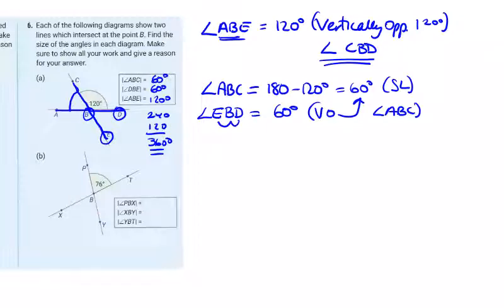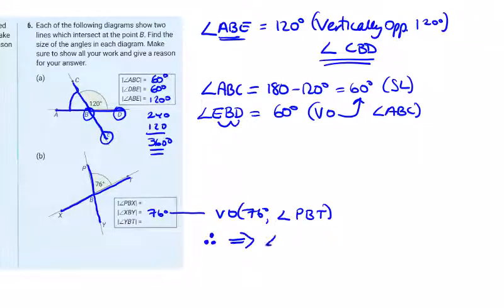In this one here, we can say XBY, the middle one here, is 76 degrees. Why? It's vertically opposite 76 degrees, the angle PBT. So therefore, this implies the angle PBX, this first one here, is equal to, straight line, 180 minus 76, which is 104.